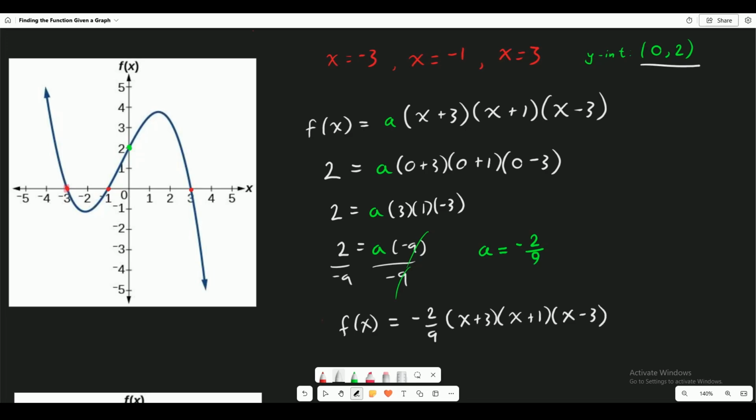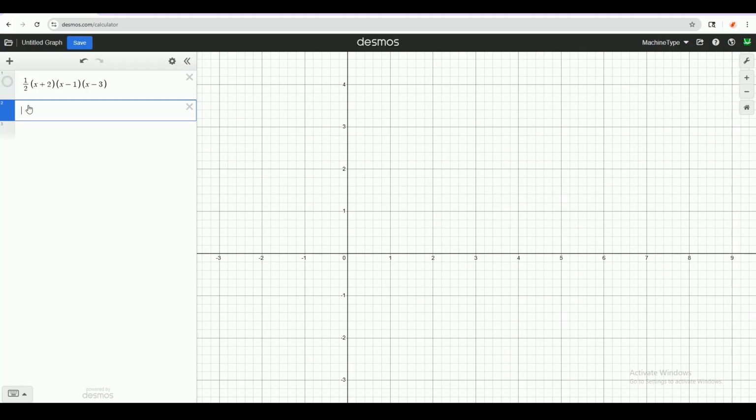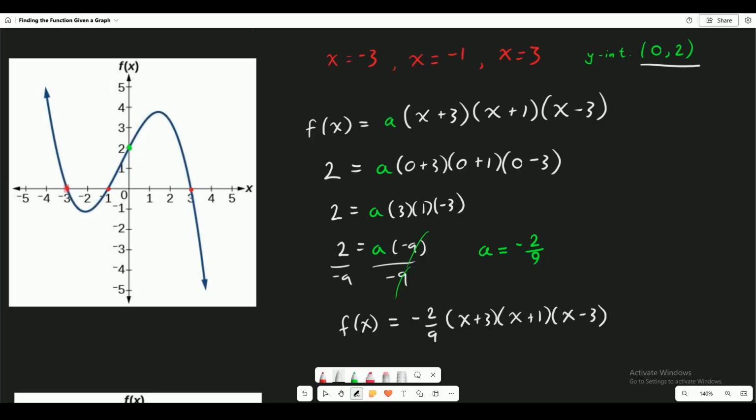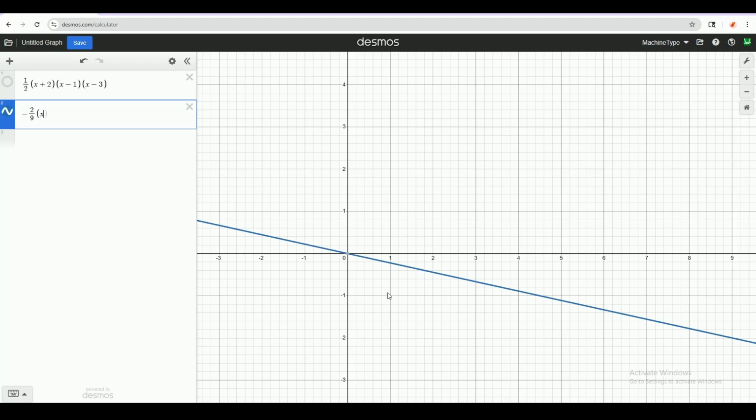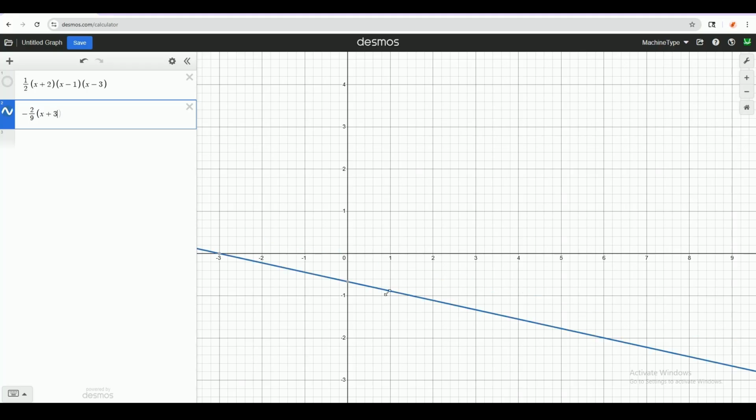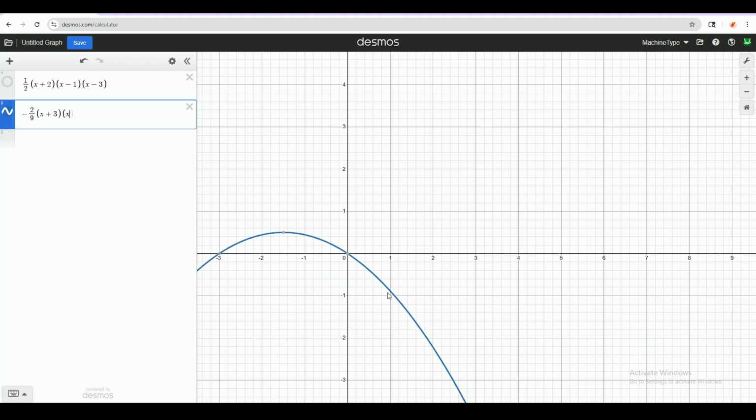Just like that. And let's graph it again to verify our answer. Let's remember what it looks like. It's going to be negative 2/9 times, what was the first one? It was x plus 3, x plus 1. So x plus 3 times x plus 1. And the last one was x minus 3.